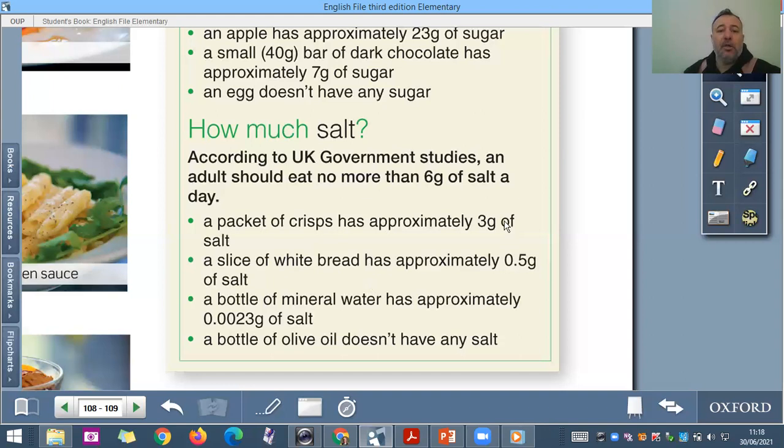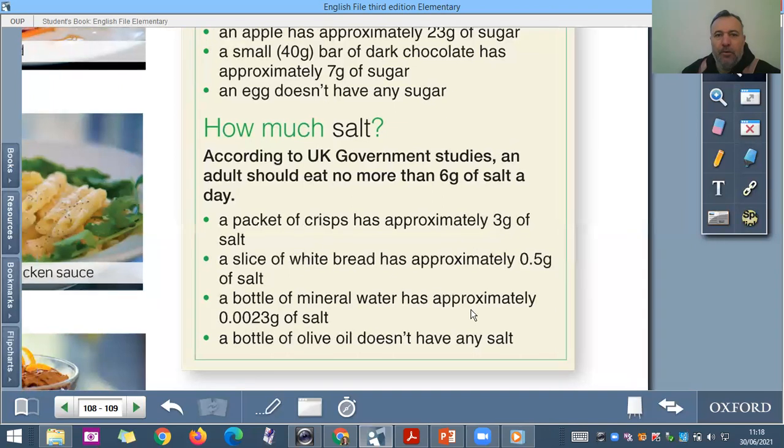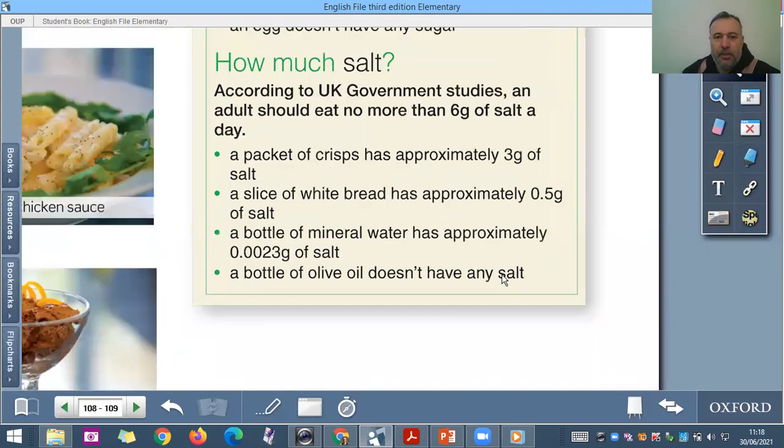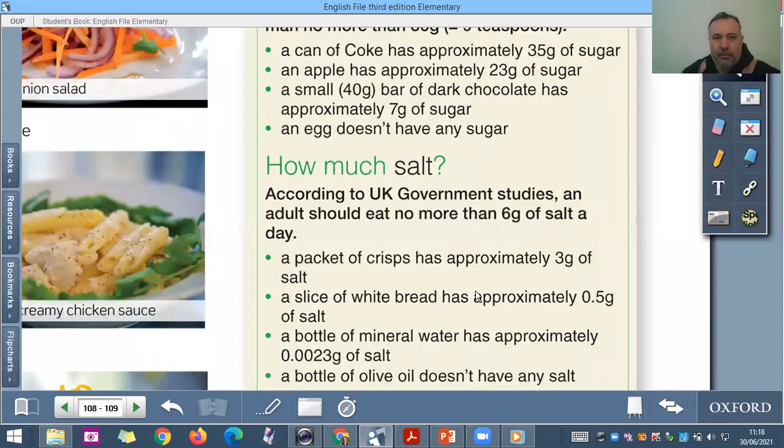How much salt is there in a packet of crisps? 3 grams. Is this a lot, quite a lot, a little, or nothing? Okay. So we're going to go back to it and see the answers again.